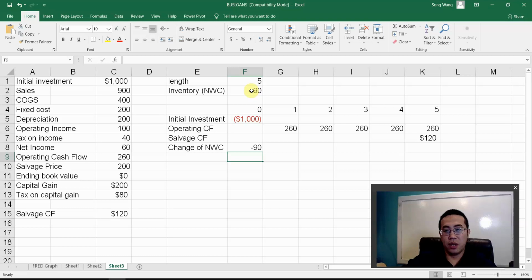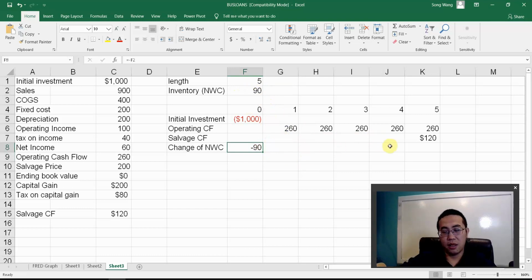Because when I freshly start my business, I want to have some product in my pocket, right? Then each year I need to maintain the same level of inventory for the sales in the next year. So I maintain this inventory at a $90 level.